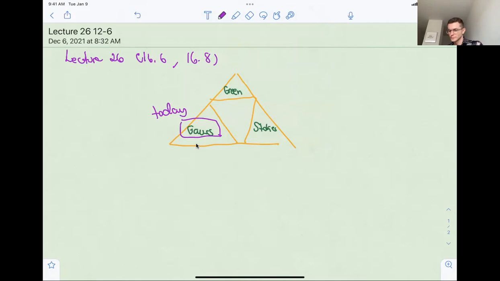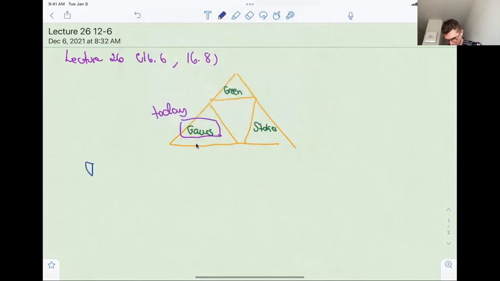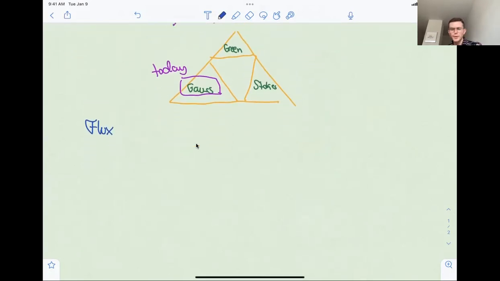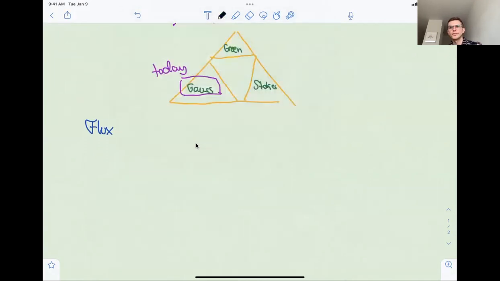For that, we have to talk a little bit more about flux. I don't know if we discussed this very briefly. We didn't spend too much time on it because it's sort of less important than work.